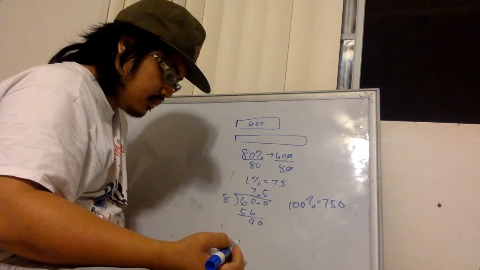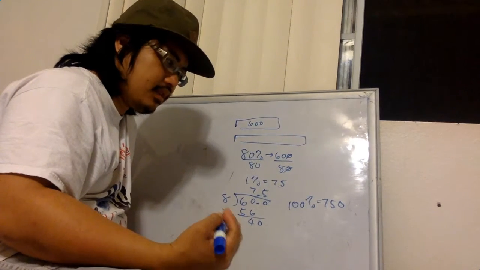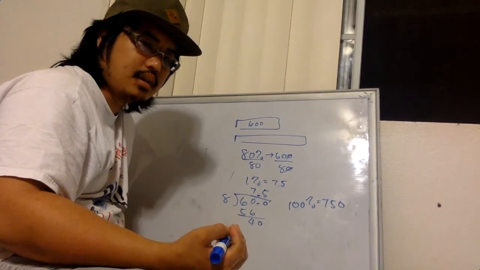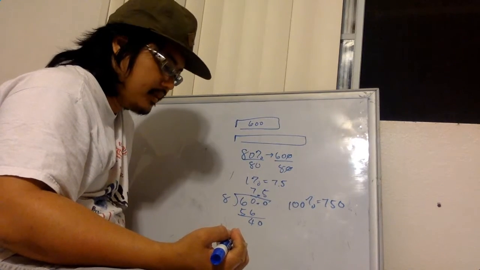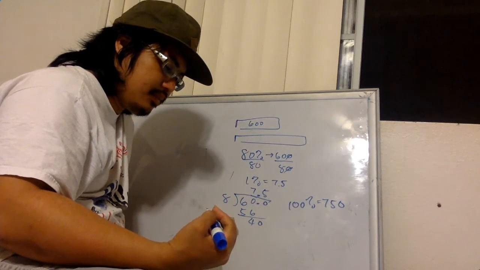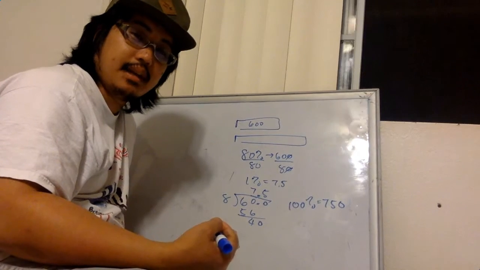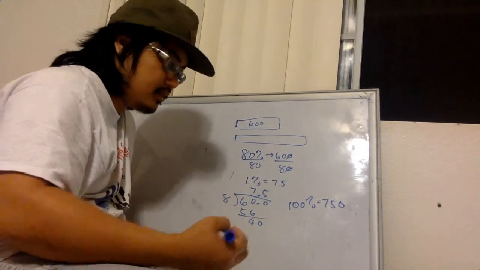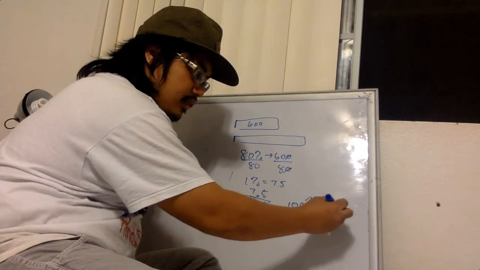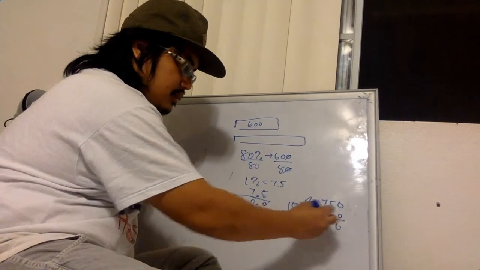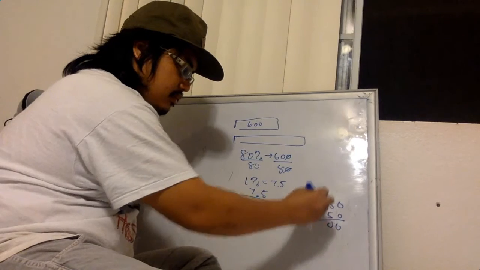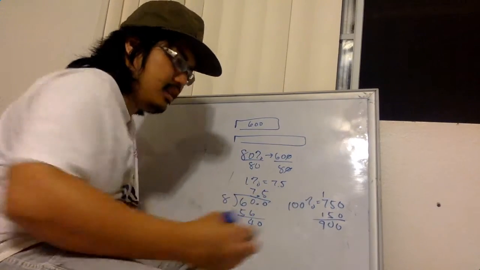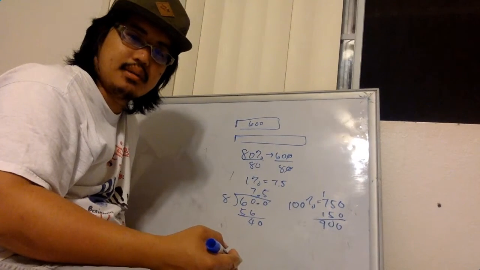So if he paid $750 for this watch, then how much would he have to sell it if he wanted to make an extra $150? Well, you would just add $150 to this. $900.